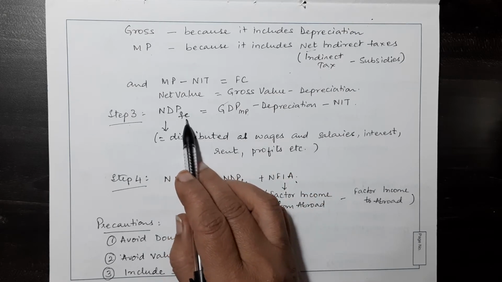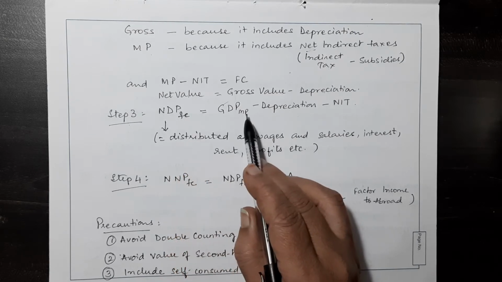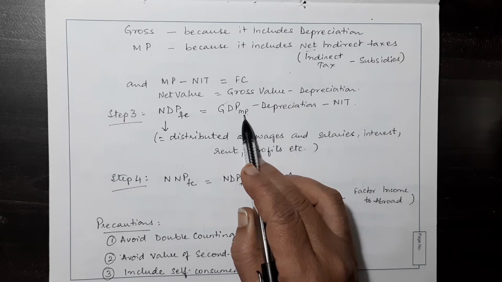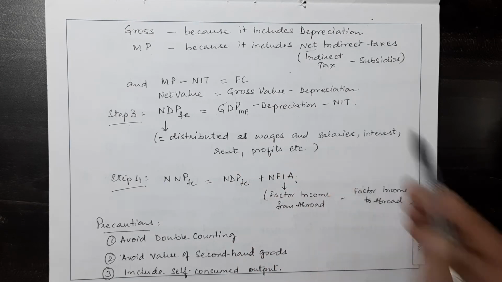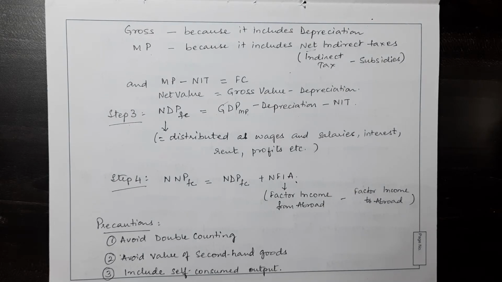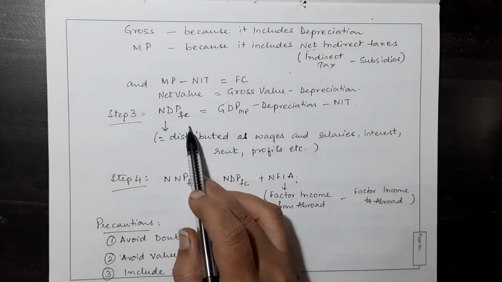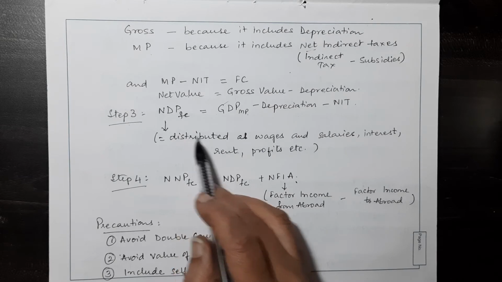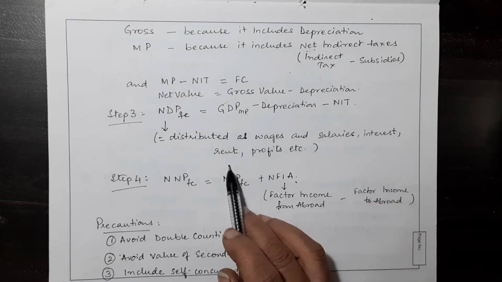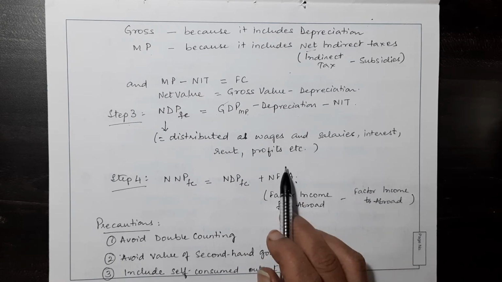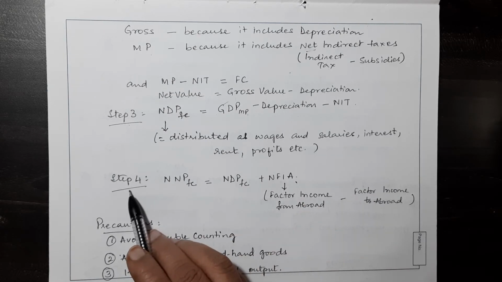So net domestic product at factor cost will be gross domestic product at market price minus depreciation minus net indirect taxes. This net domestic product at factor cost is nothing but that which is distributed as wages, salaries, interest, rent, profits, etc.